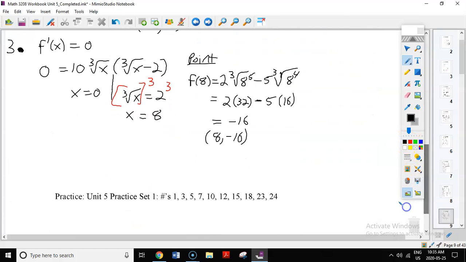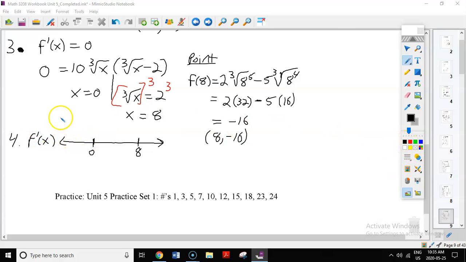Then what we do with f of x, we do a sign diagram, or f prime of x. And the sign diagram would include any values that are 0 or undefined. So here we got a value 0, a value at 8. There's no undefined parts. So undefined in the original would also be undefined here. So in order to use a sign diagram, we use the actual f prime of x function.